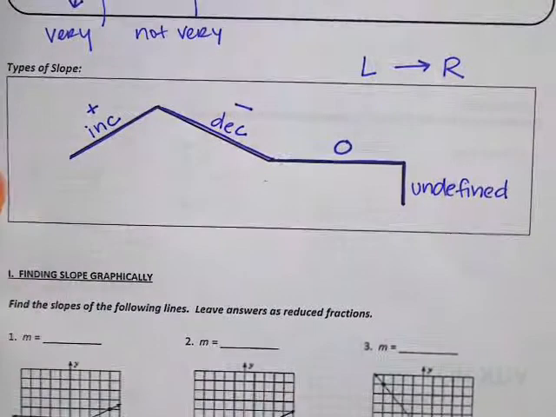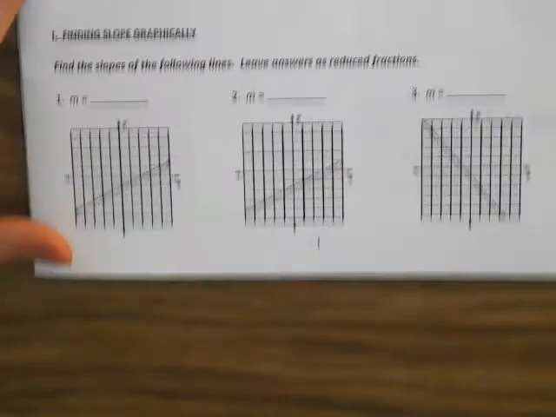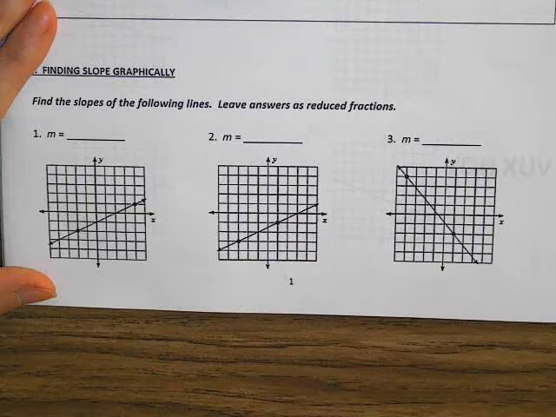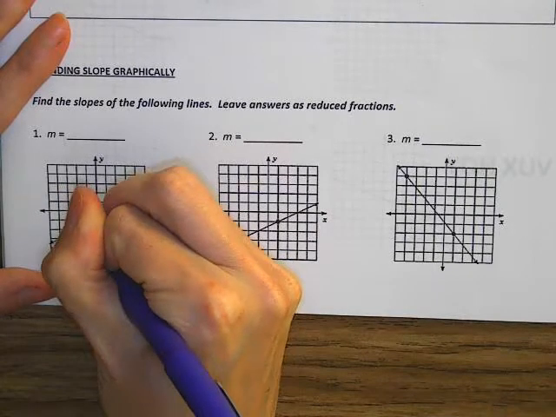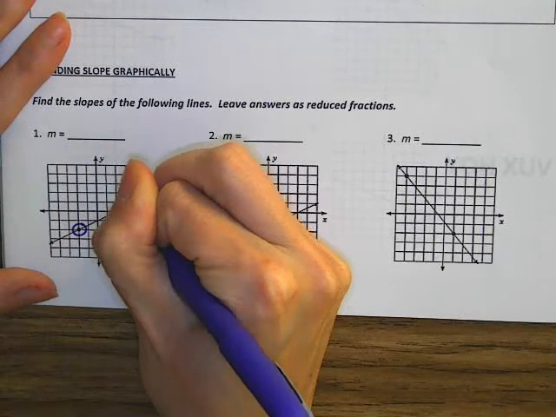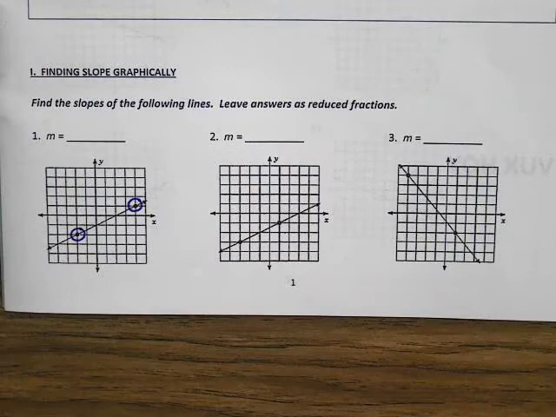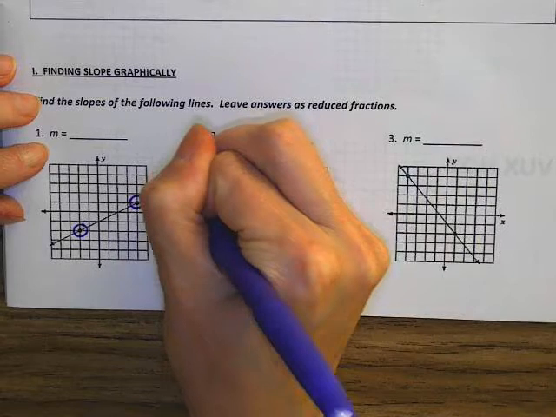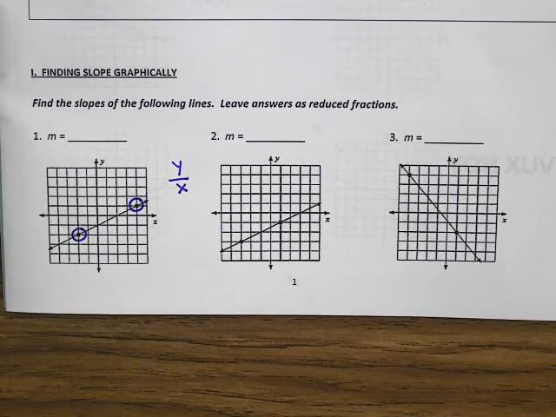Now, first thing in finding slope is given a graph. And this is the easiest thing. You literally just count. So you take your left point and you count towards your right point. Always go in the y direction first and in the x direction at the bottom.